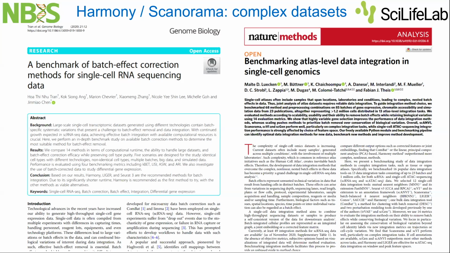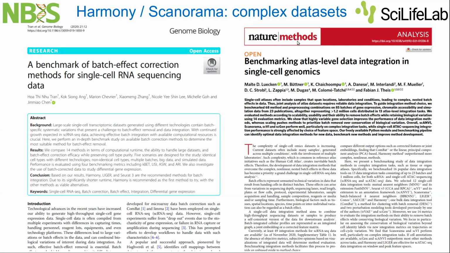So it turned out that probably yes, you should go beyond ComBat. In these benchmark papers, Harmony and Scanorama were demonstrated to work better than ComBat.